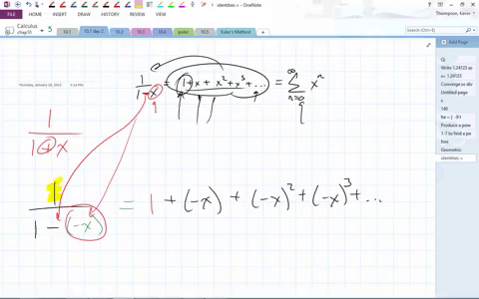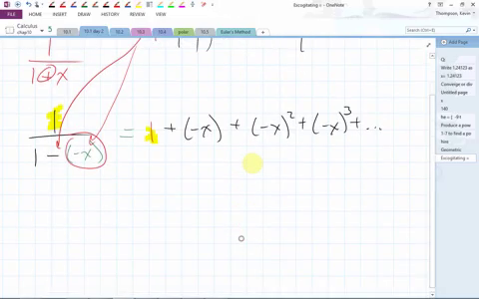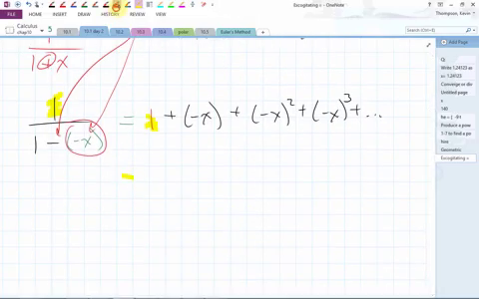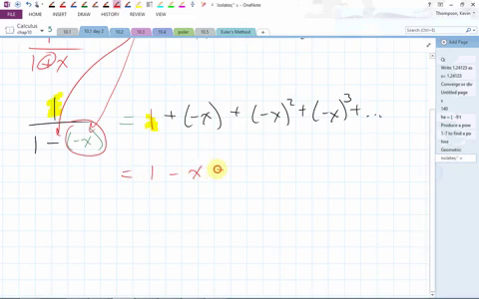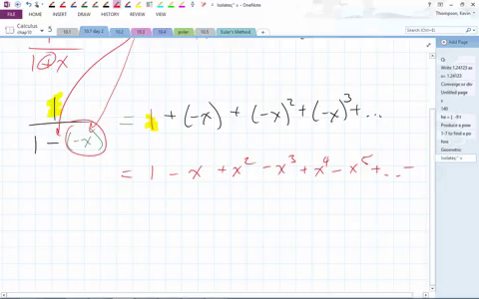Isn't that the first term, a over 1 minus r? So that 1 is the first term. So then negative x is like r, right? Do you see that we keep multiplying by negative x? So here's what we should probably see here. It's really this then, isn't it? And that pattern keeps alternating plus, minus.